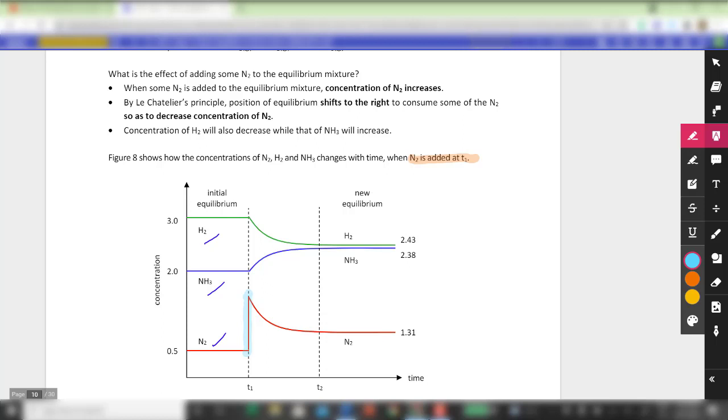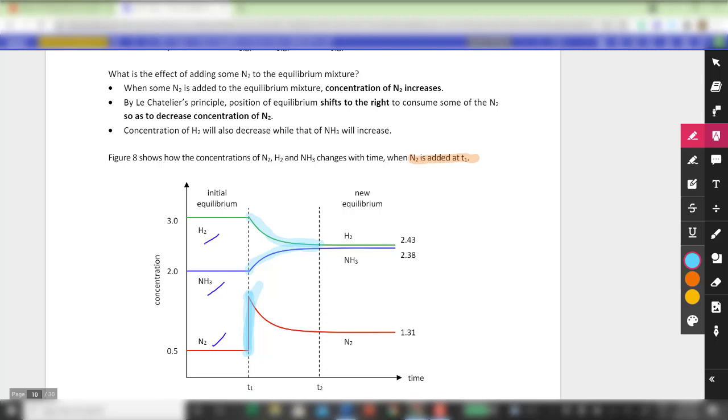In the case of hydrogen, it needs to react away some of the nitrogen being added, so it goes down slowly until equilibrium is re-established. Then the ammonia will also form slowly. So it goes out like this. The N2 shoots up because it is introduced all at once. If you are ever asked to sketch a graph, these are some of the details you need to look at.